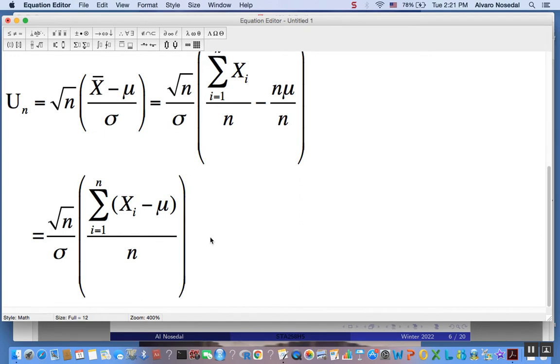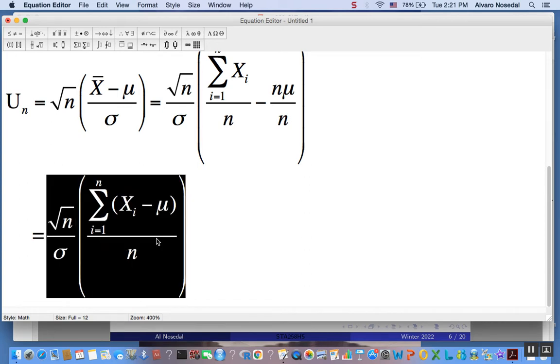Now, what we could do here is place this one inside, and pull this one outside.